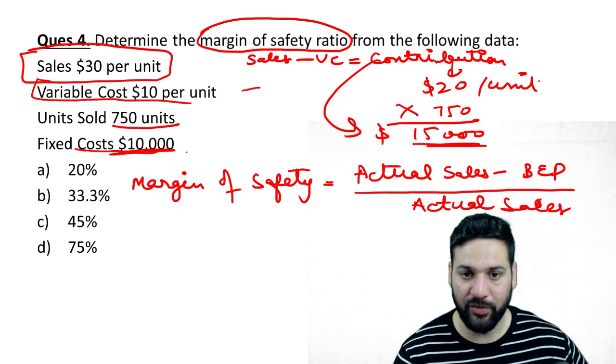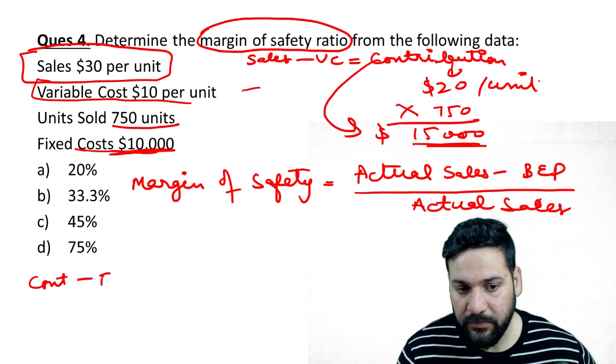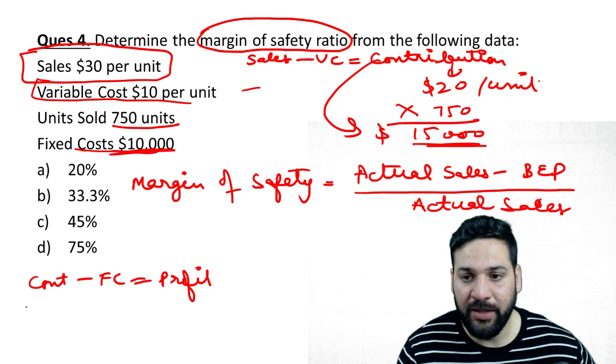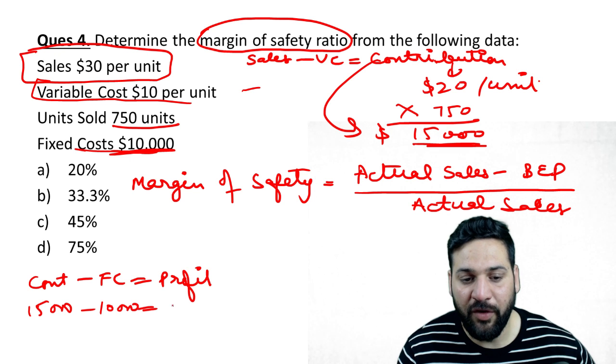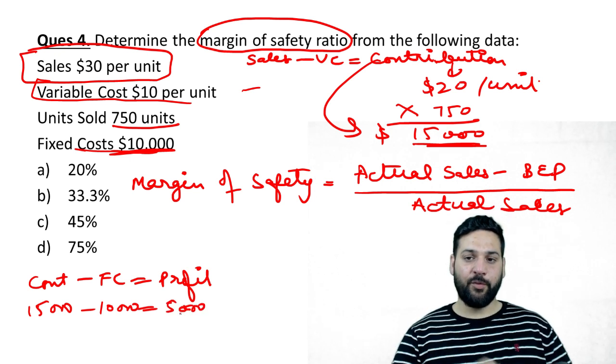Fixed cost is 10,000. So contribution minus fixed cost is equal to profit. Contribution was 15,000, fixed cost was 10,000, profit was 5,000. Okay.